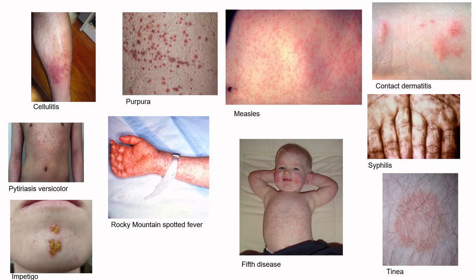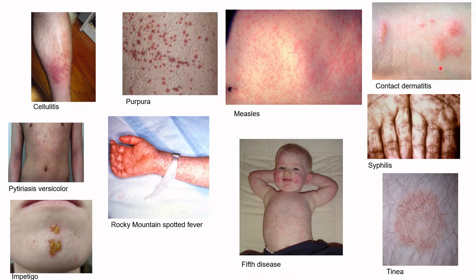So here we have a couple of examples for rashes, and admittedly, I did bias this towards rashes with an infection as an underlying cause. We have, for example, cellulitis, which is mainly bacteria caused, purpura, which is bacteria caused in many cases, and measles, which is of course viral.